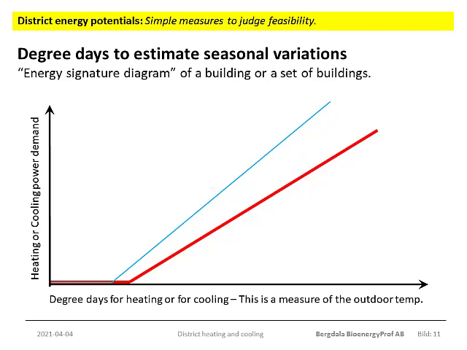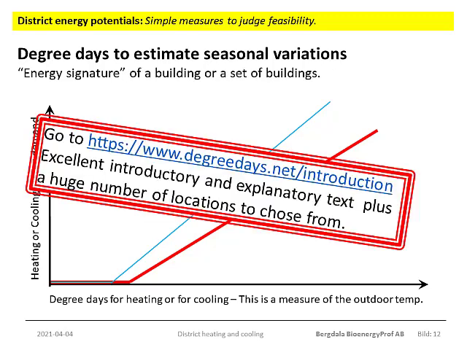If you find no statistics or are in the planning stage, so there are no buildings yet, then you may want to refer to the rules and regulations for new houses valid in your country. For the energy signature, you would want to use degree days as the measure of outdoor temperature.